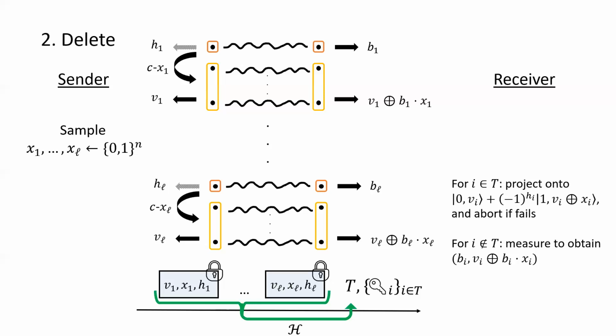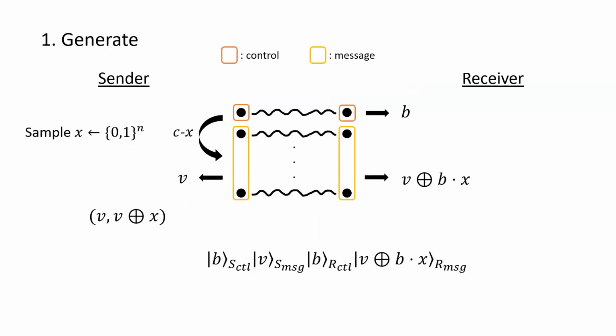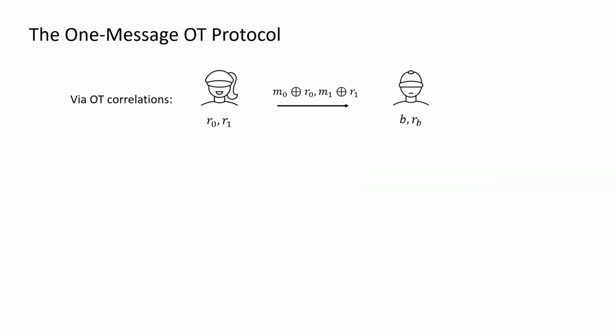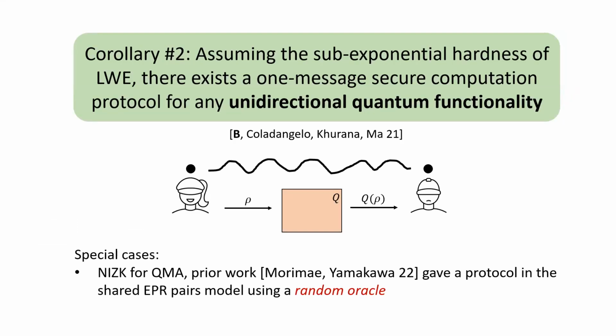Maybe one more question if anyone has one. Maybe I'll ask a question. James, if you could go back all the way to your slide where you showed the desired functionality, where Alice sends a state rho and it goes through some process Q. I was wondering, this made me think about the connections to deletion, since that's on my mind.